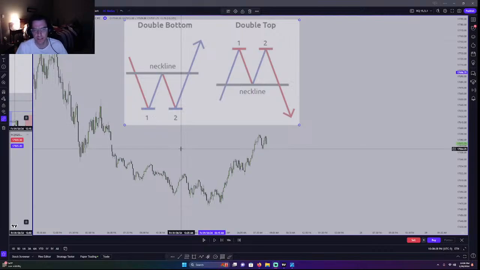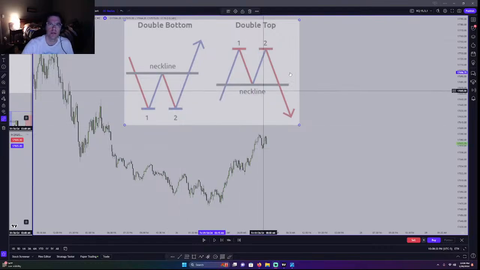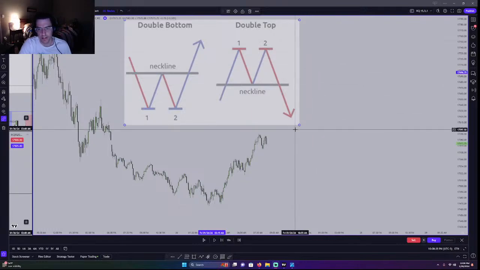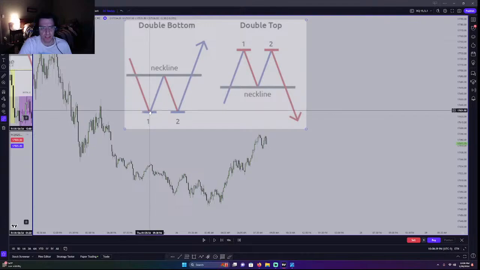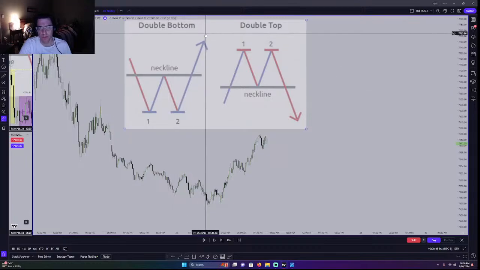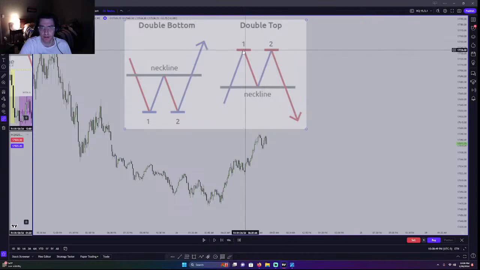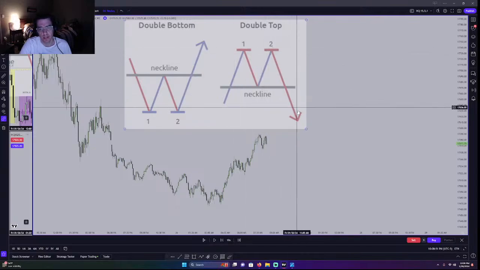And one of the things they would always teach, and I put up this little diagram right here, is that when you had double bottoms, this area was support and price would bounce off, whereas if you had double tops, this area was resistance and it comes down.